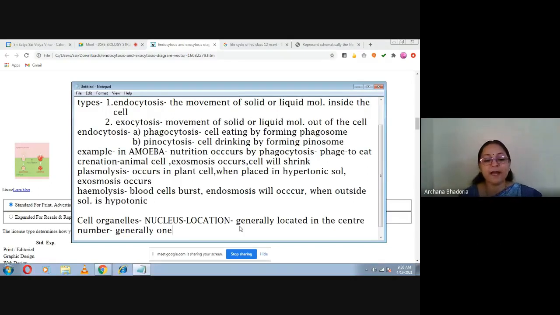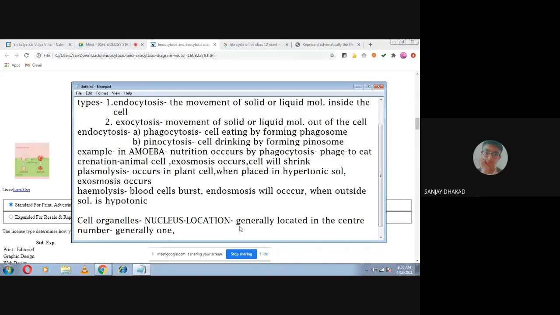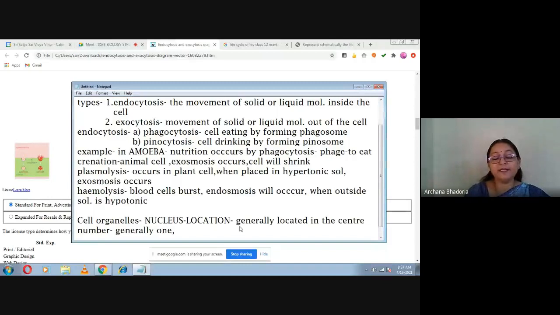Some cells you find more than one nucleus also present, and you call it the dikaryotic stage. Is it clear? And some you find the protoplasm is having many nuclei. We call it multinucleated.